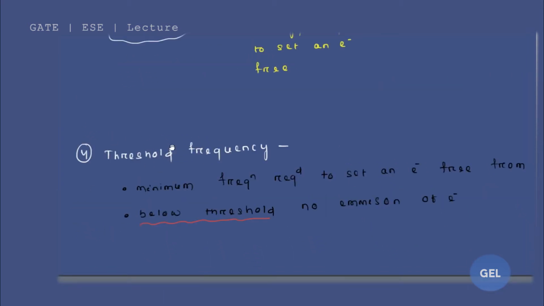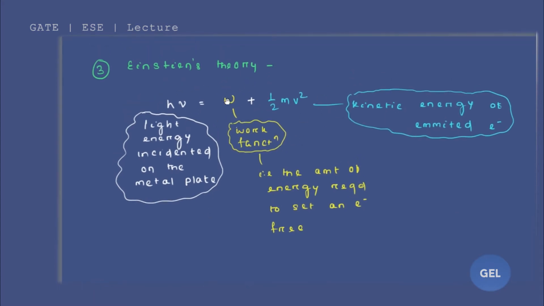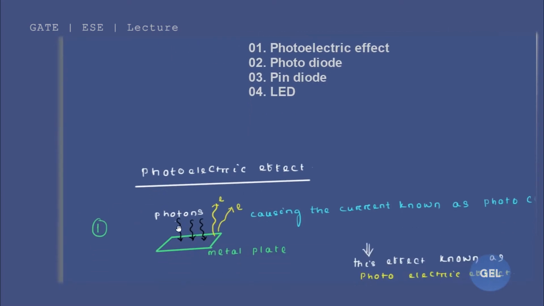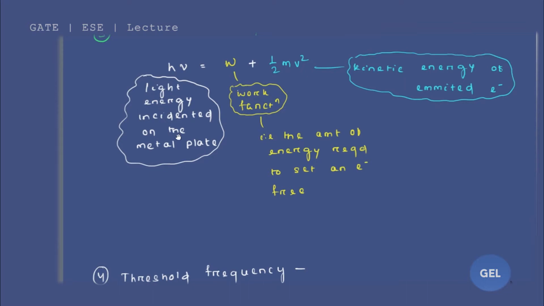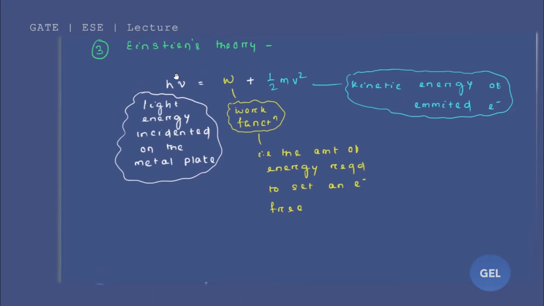Now let's get into the third point. I know this formula: h nu equals W plus half m v square, where h nu is the light energy incident on the metal surface, that is, the input that we gave. That energy is invested in the work function and half m v square, the energy of the emitted electron.